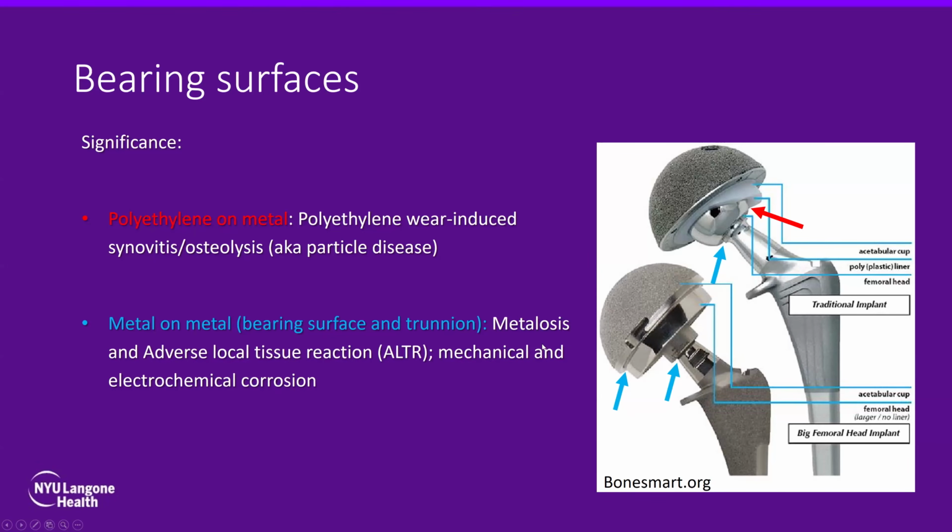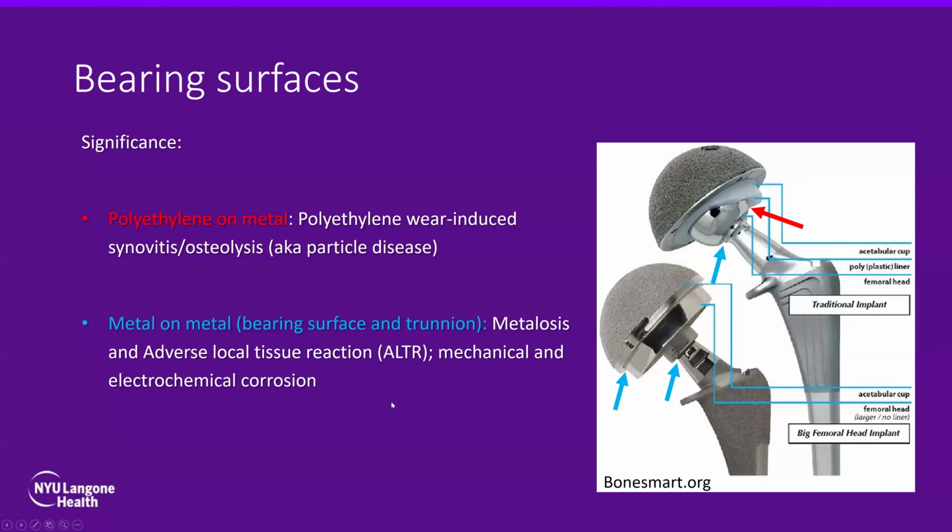As we said, in this case the body's reaction is different, so you get two different pathologies: one is metallosis, the other is adverse local tissue reaction. At the resident level, you don't have to know the difference between metallosis and ALTR. Especially on radiographs, you just mention the type of arthroplasty you're dealing with, and then you can describe your findings. But overall, the body reaction and the MRI appearance are different between particle disease and reaction to metal debris.